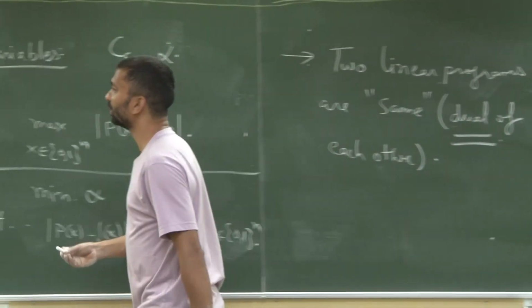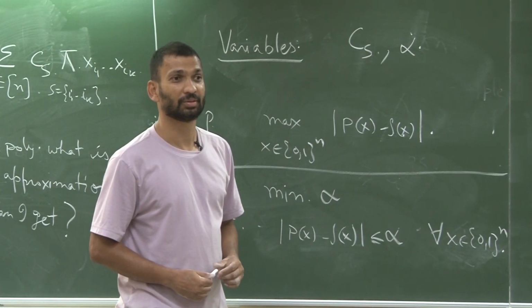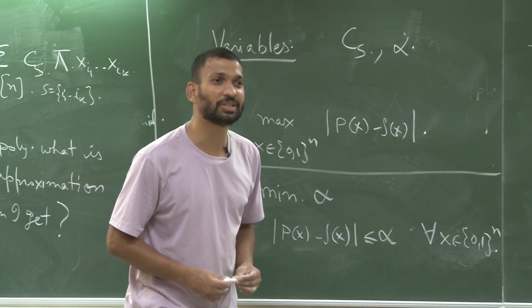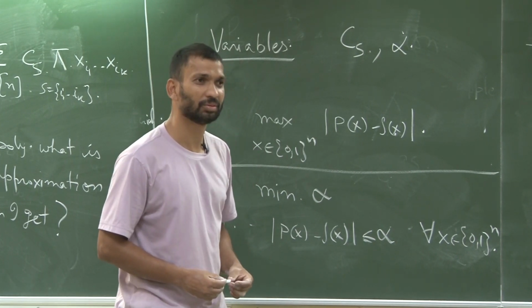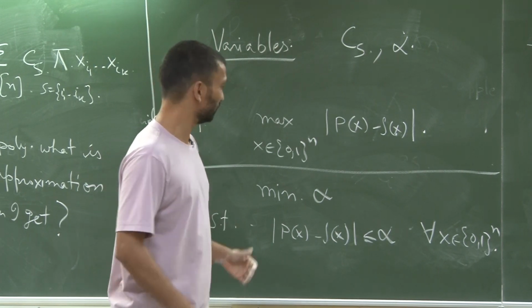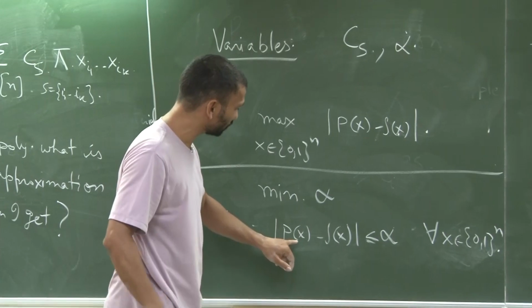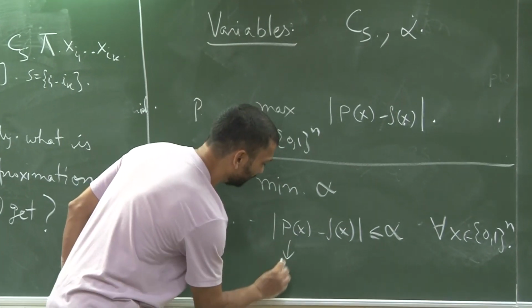So how many variables are there? T plus 1. What is t? D? No. Summation up till D, n choose D. The one thing which is not clear here is that this is only a degree D polynomial.